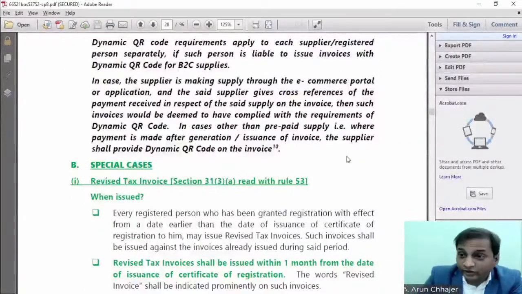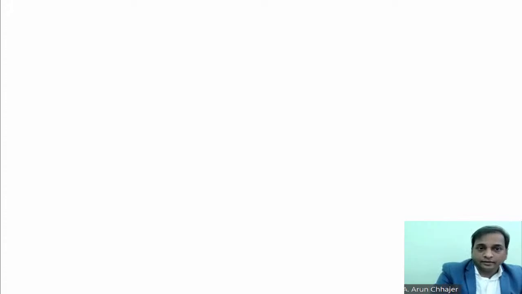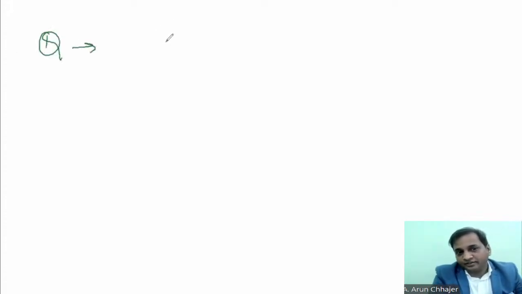Now we are talking about section 31 subsection 3. Let me talk about it first in short, and then we'll go one by one. Before that, I am asking one question. Suppose an advocate is registered in GST.